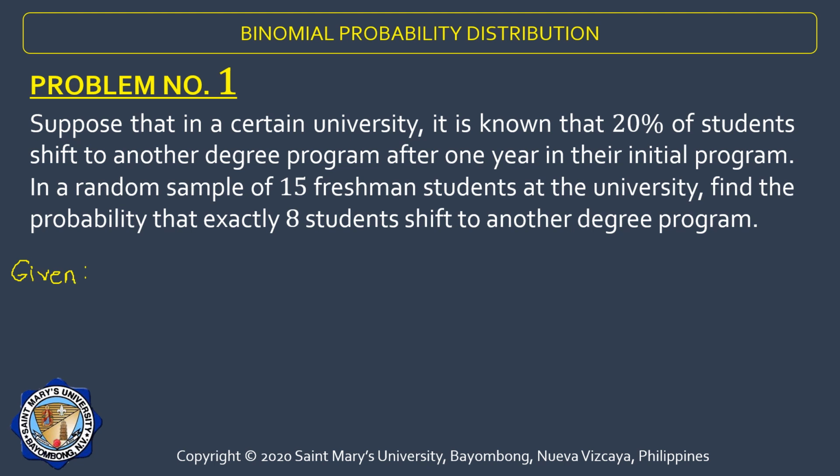So what is our n? Ang n natin is the number of possible trials. So we have 15. What is our x? Number of success. 8. Exactly 8 students.